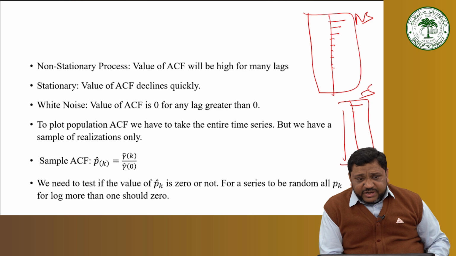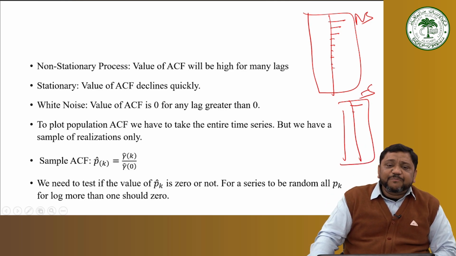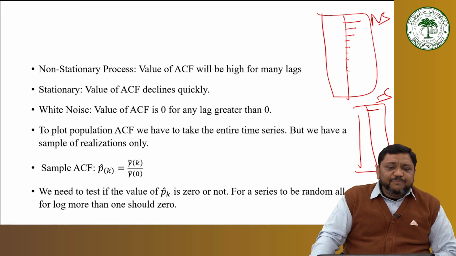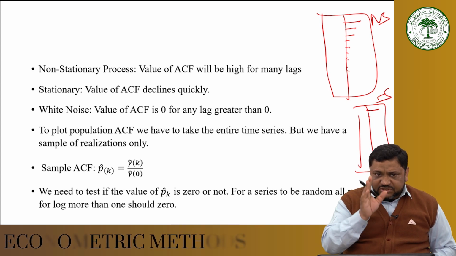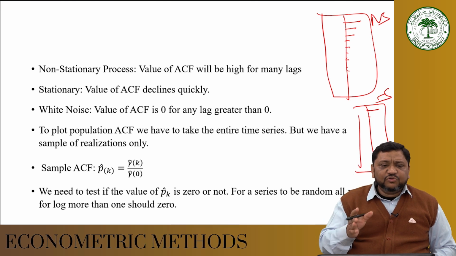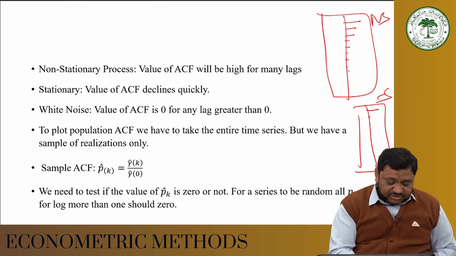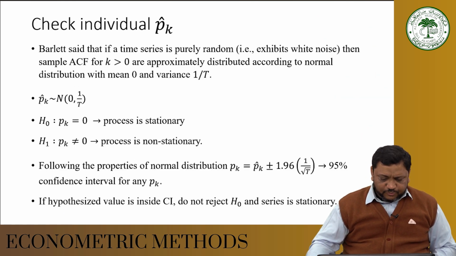Now we need to test whether the estimated value of the sample autocorrelation function is 0 or not. For a series to be random, all rho k values for lag more than 1 should be 0.